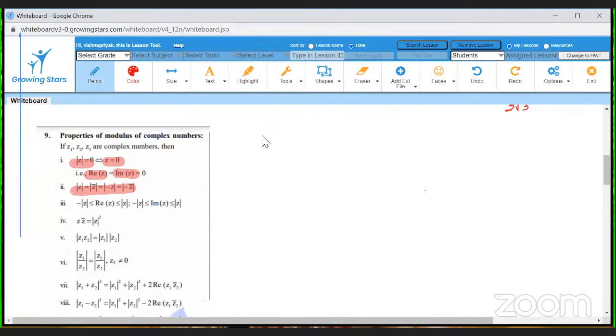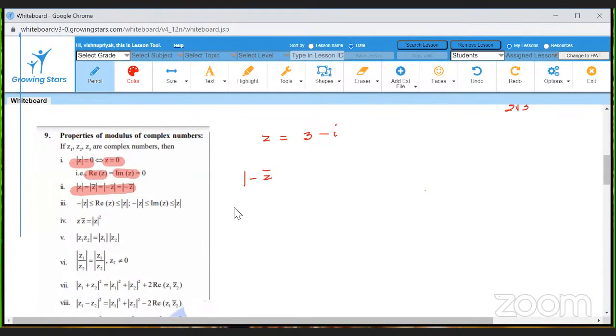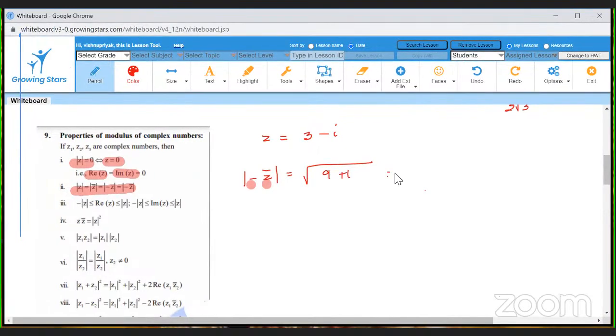Suppose I give you z is 3 minus i, and I ask you, find the modulus of minus z bar. You need not waste time in finding z bar and minus z bar. Directly you can say it will be the same as square root of 9 plus 1, that is square root of 10.